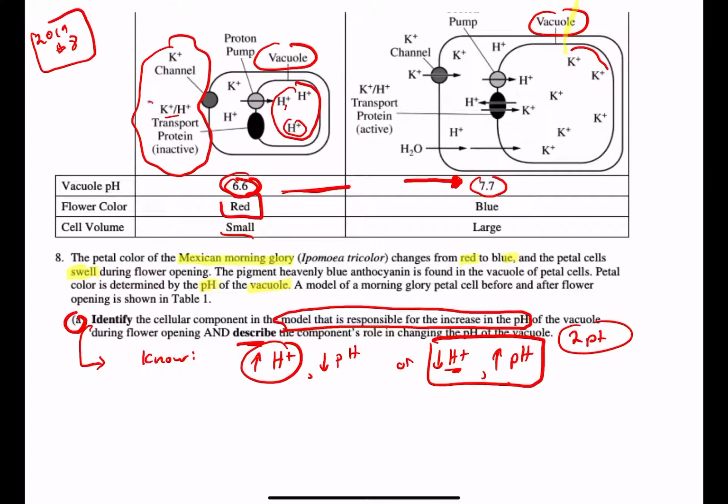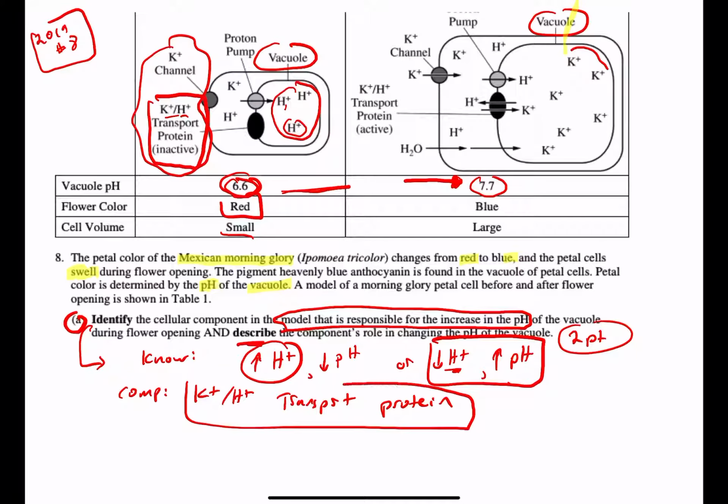We have a potassium channel, and then the potassium and hydrogen ion transport protein. So the component that allows this to happen, you had to state, is the potassium / H plus transport protein.